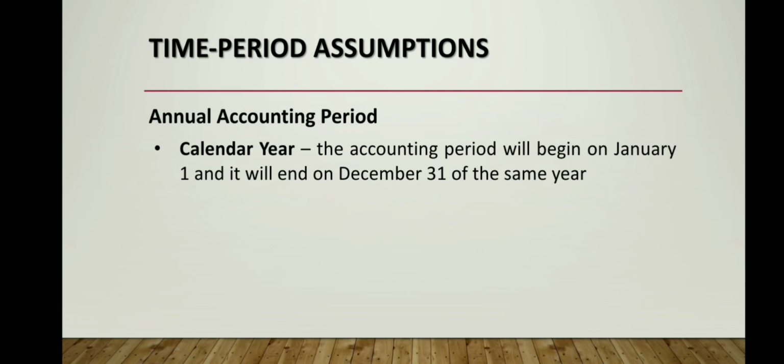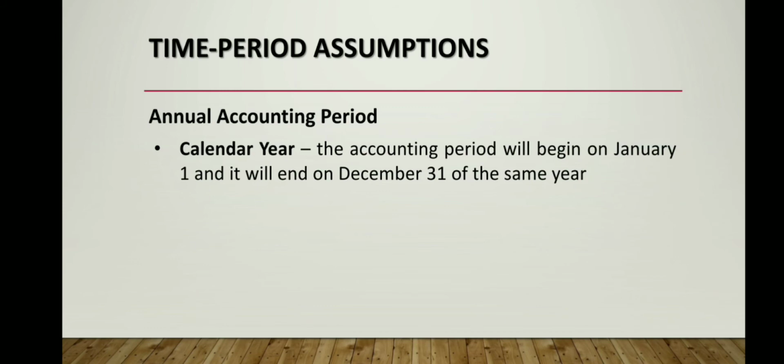This is the most commonly used accounting period. That is because it is the nearest when filing for the income tax return, since the business records are closed on December 31 and the deadline for filing of the income tax returns is on April 15 of the next year.